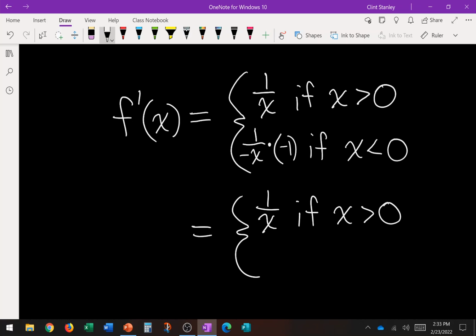What's the bottom turn into? Well, we got a negative 1 over x times negative 1, so we just get 1 over x.